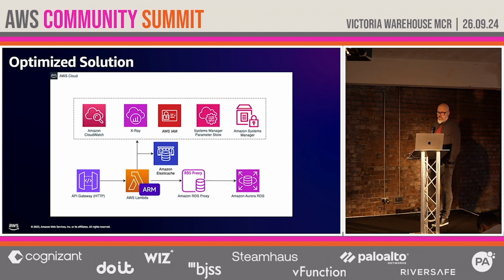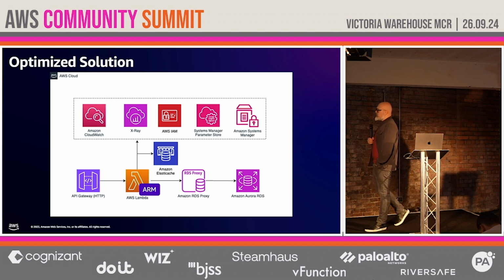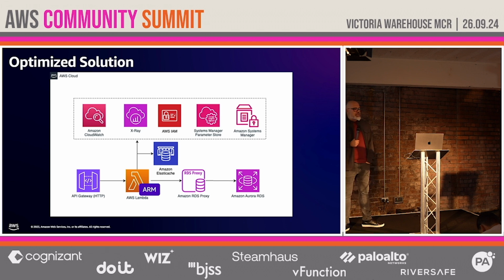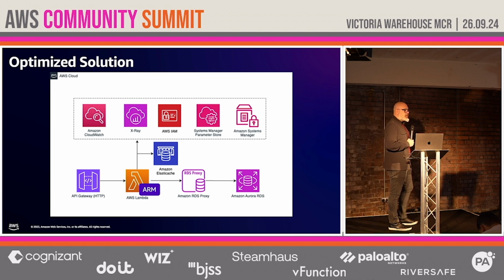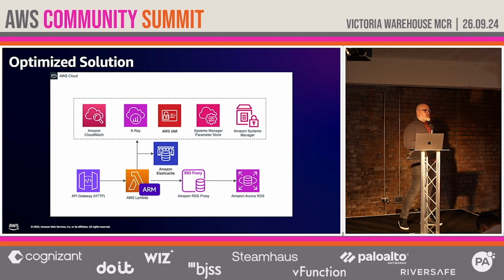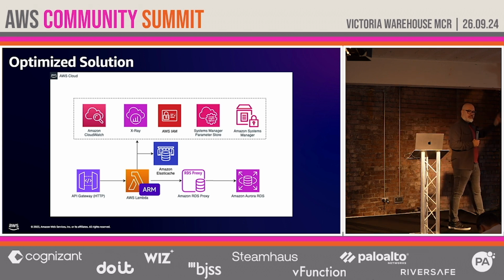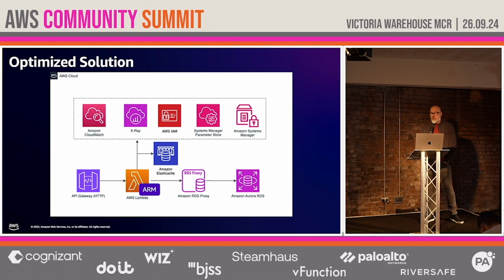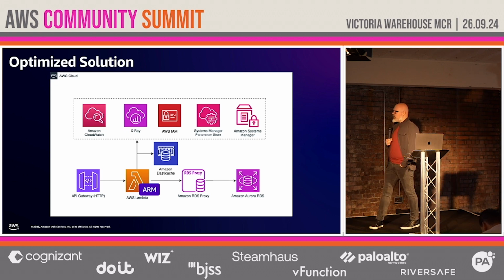You can reach up to 20% better performance with ARM, but we need a more deterministic way to understand where we are going. Because before, I was just guesstimating how much memory I needed on my Lambda function, and also a bunch of other things in my configuration.